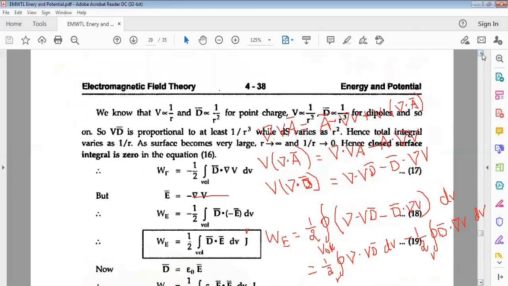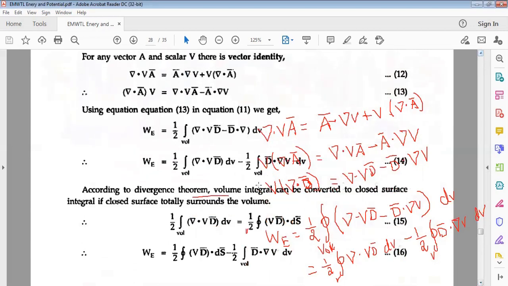Now I am using the divergence theorem: the volume integral can be converted to the closed surface integral if the closed surface totally surrounds the volume. In the first part, the volume integral of del dot (v d bar) dv is equal to 1 by 2 the integral of v d bar dot ds bar.